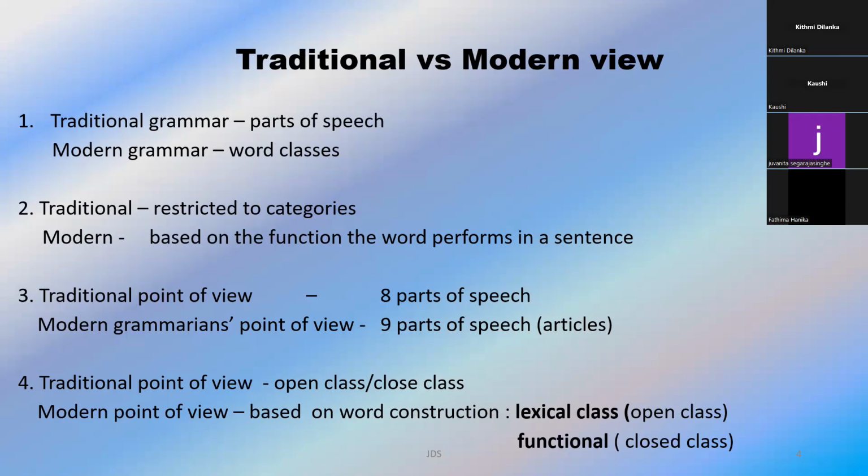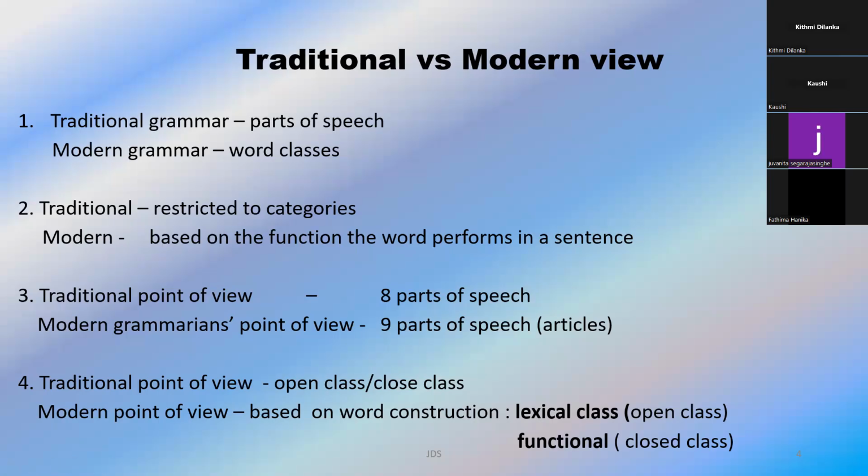But from the modern point of view, my can be identified as a pronoun as well as an adjective, based upon the function that it performs in that sentence. It's performing an attributive function: the house belongs to this person. So my is indicating an attributive function. Therefore, from the modern point of view, my can be identified as a pronoun as well as an adjective.